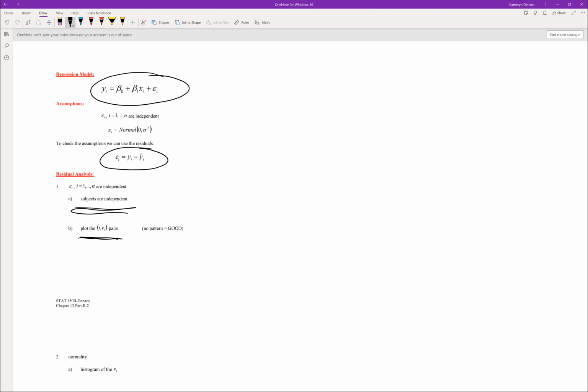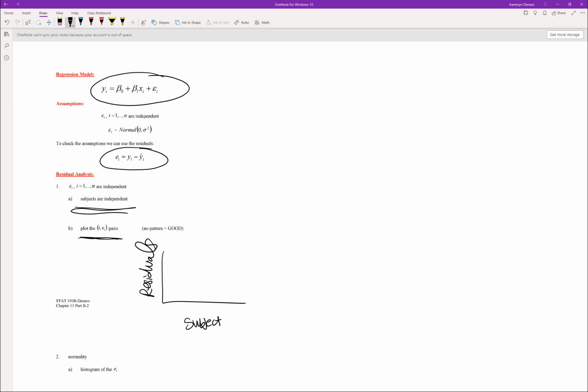So we can look at a plot of the subject versus the residuals. And overall, there should be a random pattern because we shouldn't notice anything about subjects and residuals as they go.